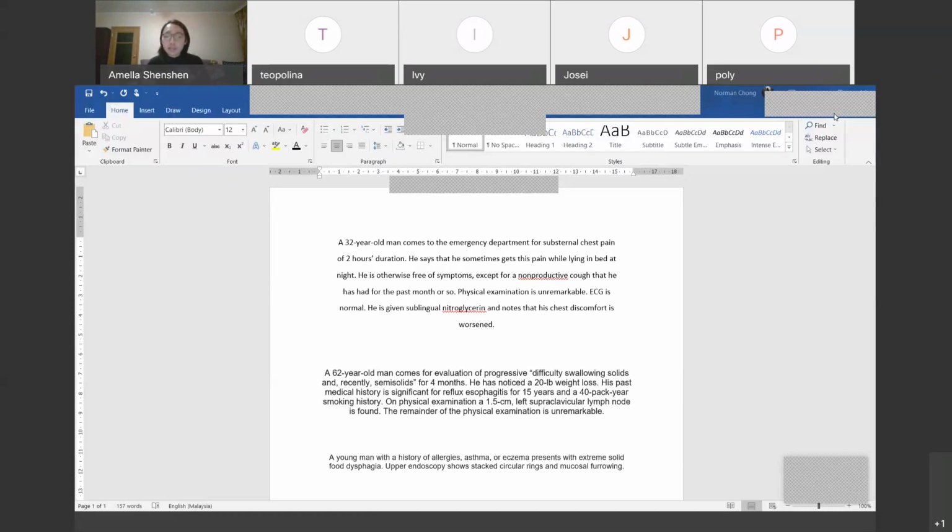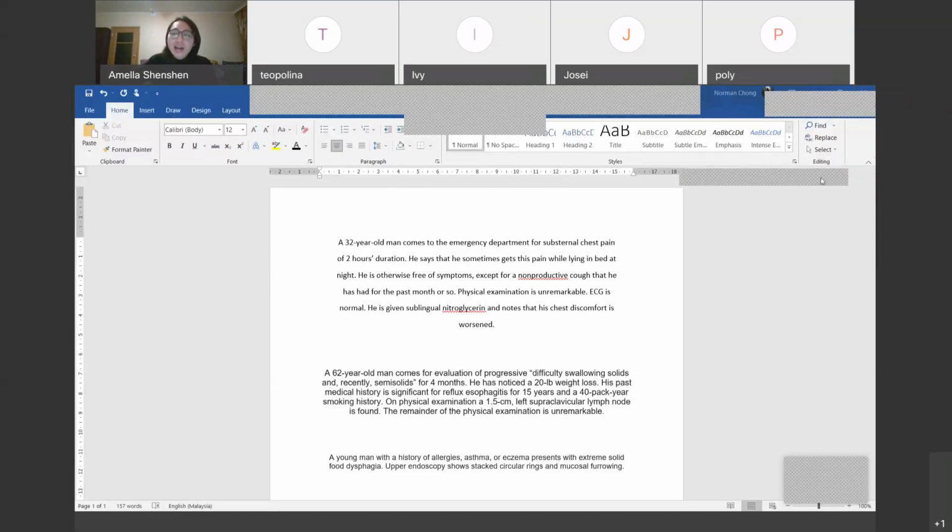If you don't remember an easy way to formulate a differential diagnosis, you can find online this acronym, vitamins A, D, E, K. Some people might add some more letters, but it's available online. It's not something that I came up with. It's out there. It's not a big secret.